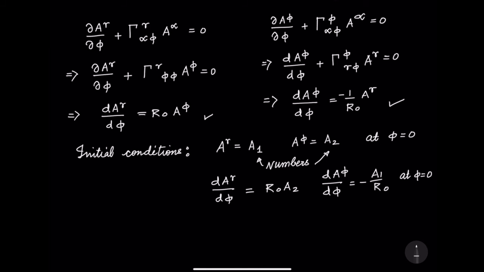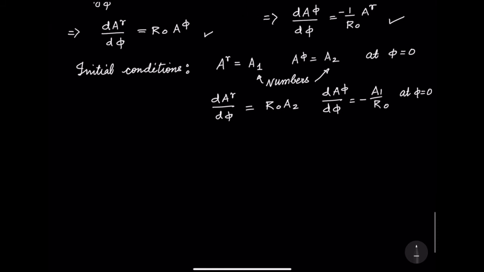Okay, so I have a couple of differential equations. They are first order equations, but I also get their derivatives at phi equals 0 once I know the values of the A's at phi equals 0. The reason I write the derivatives is that I want to combine these two differential equations.